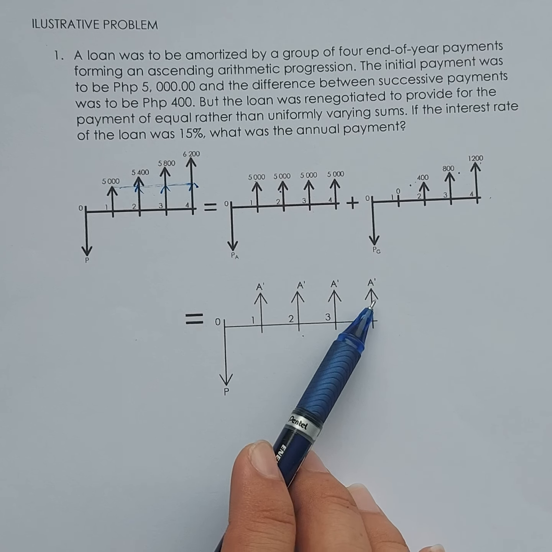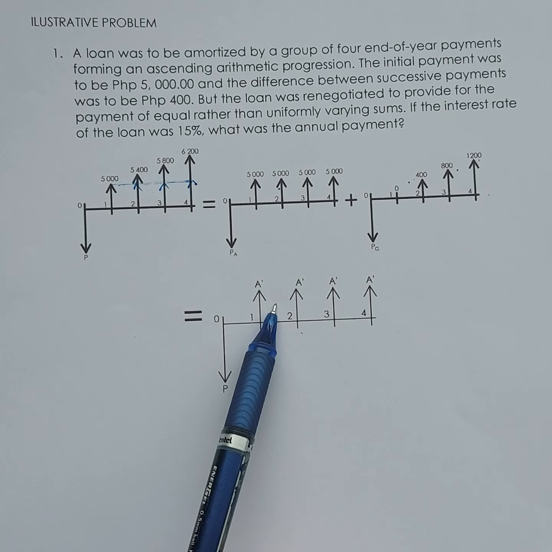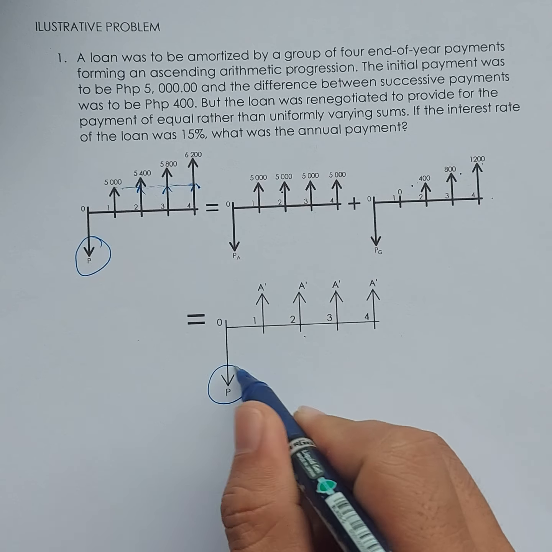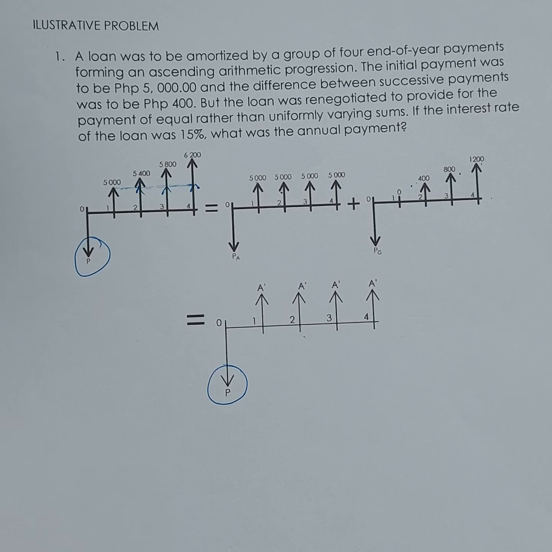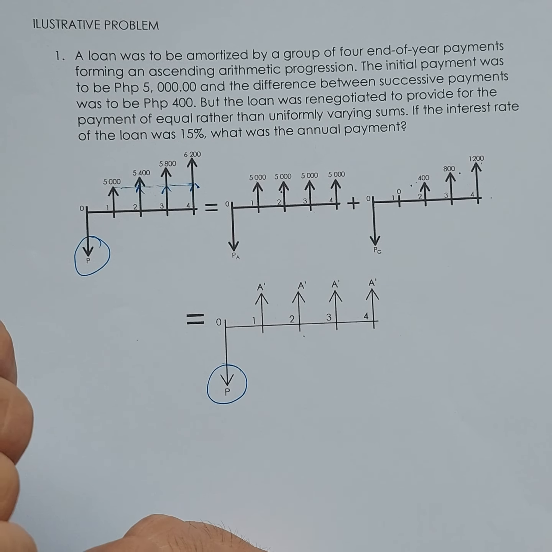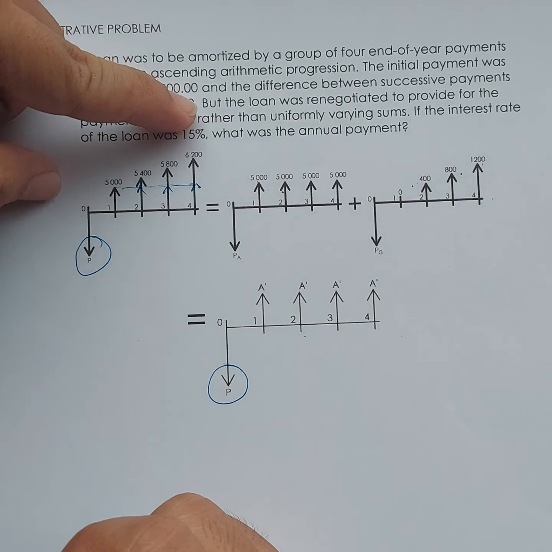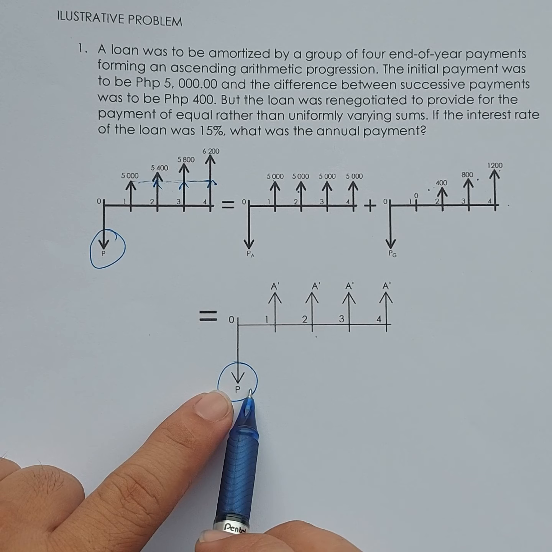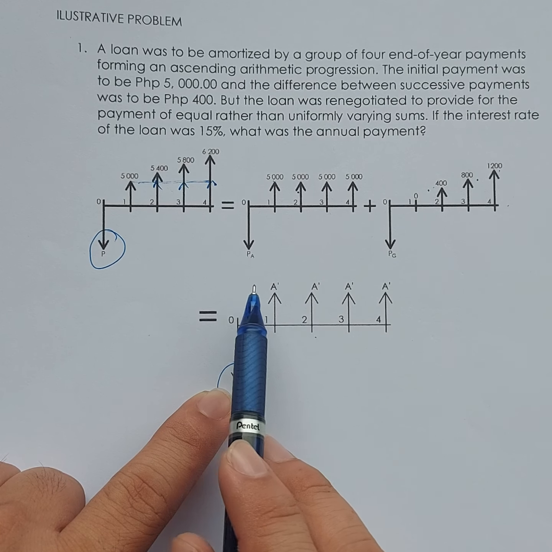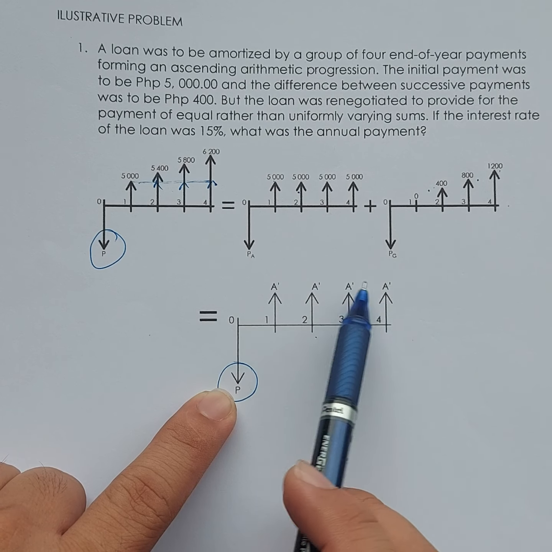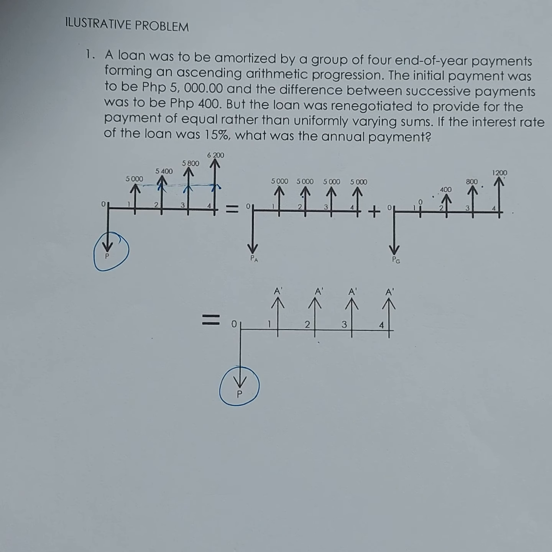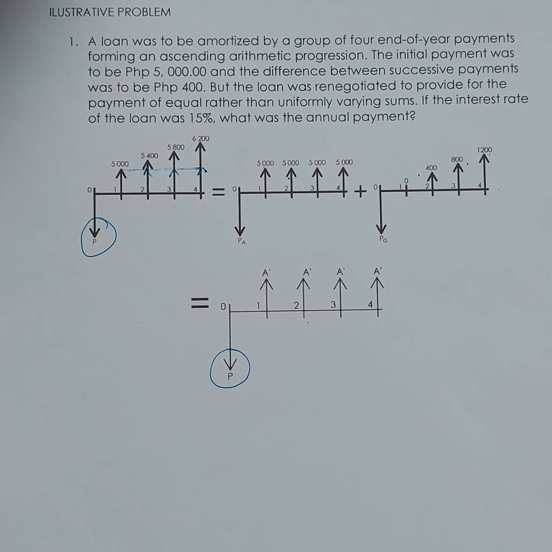What is equal between the two conditions is that they should have the same principal, or initial amount, or present worth. So our strategy is to first solve for the present worth of this arithmetic gradient, and then, since they are the same, compute the uniform annual payments. That's a very simple strategy we can apply in this problem.